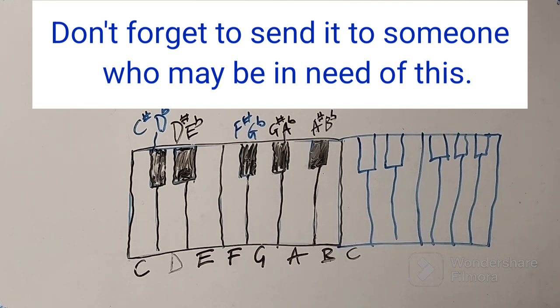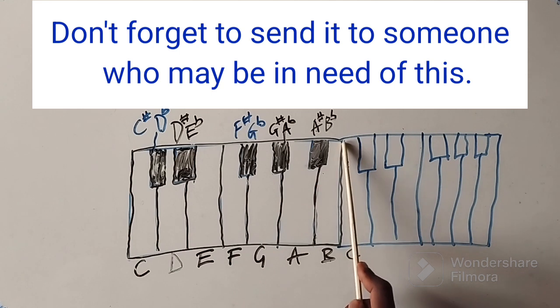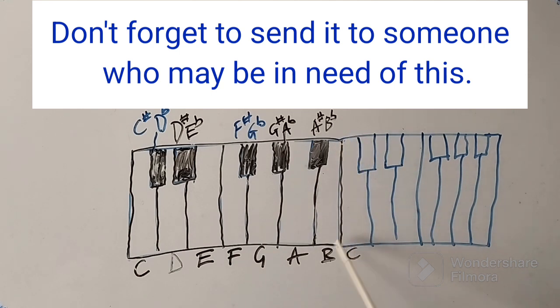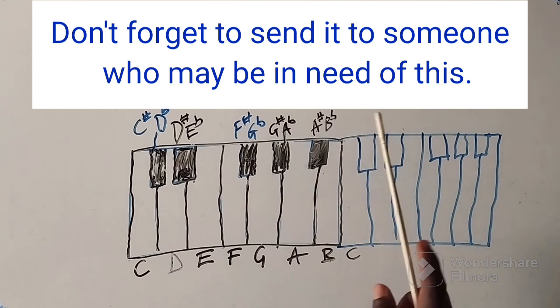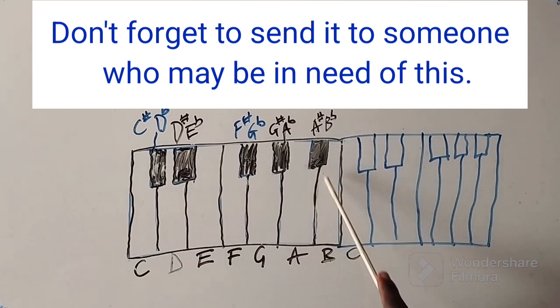So B, C. The same thing that happens here will happen here, because for B, there is no black note that sharpens B. So the white note is doing the work of that B sharp, but there is no note called B sharp. Also, there is no note called C flat. The reason is that there is no black note designated for it. There is a reason for that. As we go further, we understand.